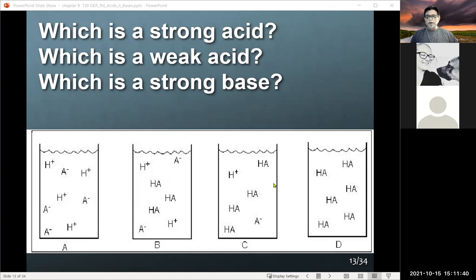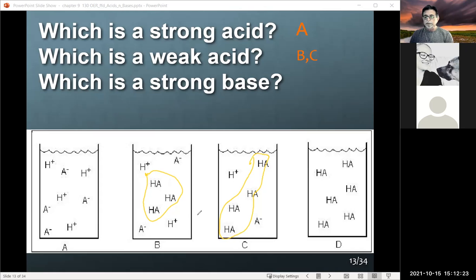So if we look at these diagrams, you may be asked, which one's a strong acid? Well, by definition, an acid is anything that produces protons. So we're going to be looking for H pluses. And we can see that all three, A, B, and C, have H pluses or protons. However, if you look at A, they're all dissociated. None is combined. And so A would be designated as the strong acid, whereas the weak acids would be B and C. You can see that the majority, there's a lot of HA still combined in both cases.